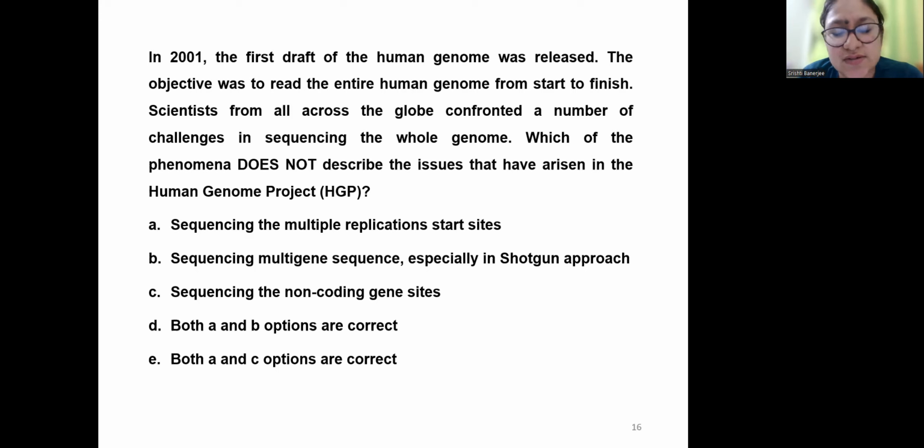Multiplication, replication starts, okay. Sequencing. Why is it necessary to know the entire genome? What could be the reason behind it? Why do we need to know the entire genome?